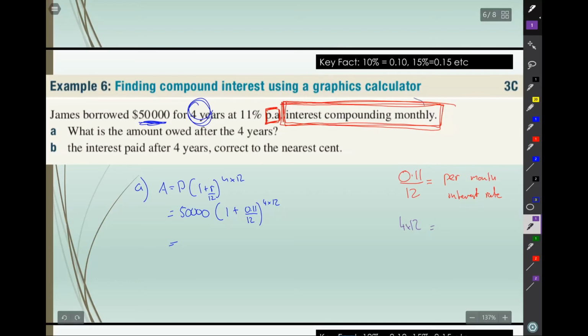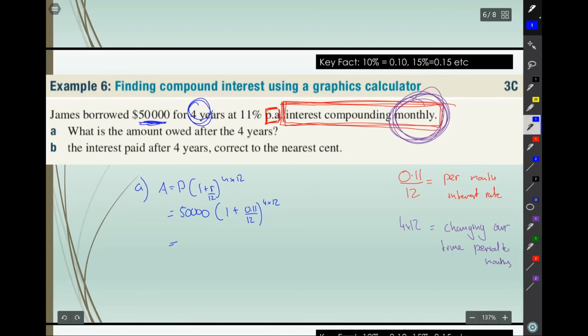Because our interest is compounding monthly, our number of time periods, n, needs to be months, not years. So this is changing our time period to months.